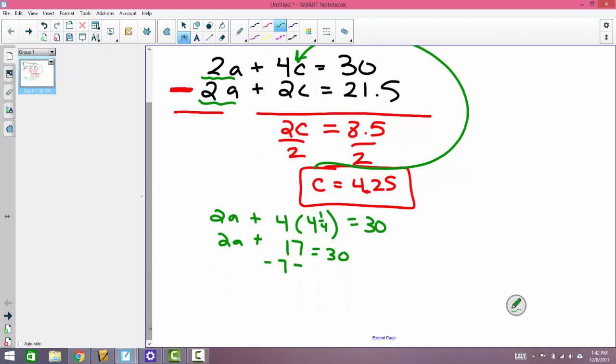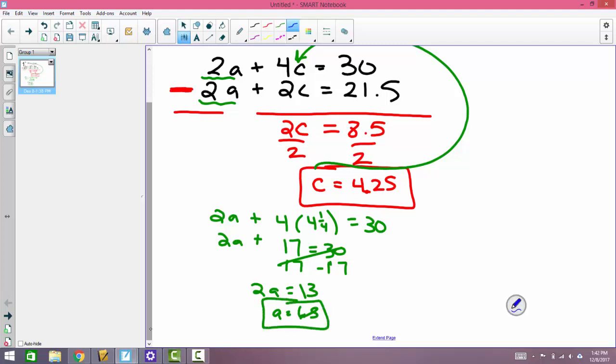And then subtract 17, whoa. So 2A equals 13. And A is 6.5.